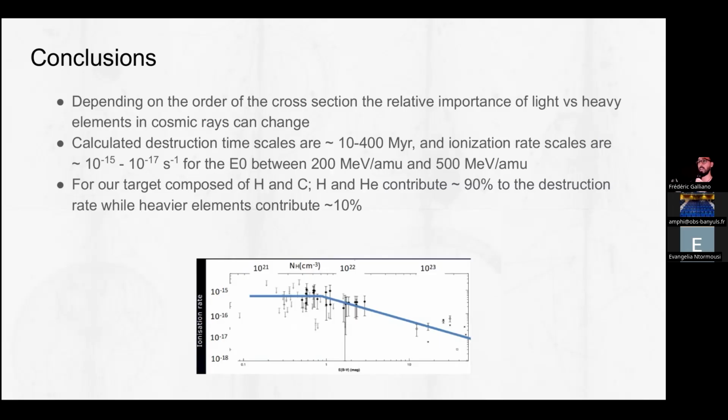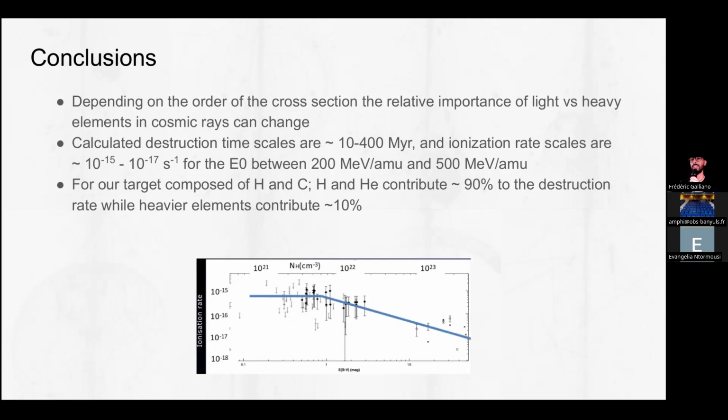And then we have calculated some of the things that you saw also in the figure, which means that we have something around 10 to 400 million years with a cosmic ray ionization rate somewhere in between these two factors, which means that it's good, we can have molecular clouds.